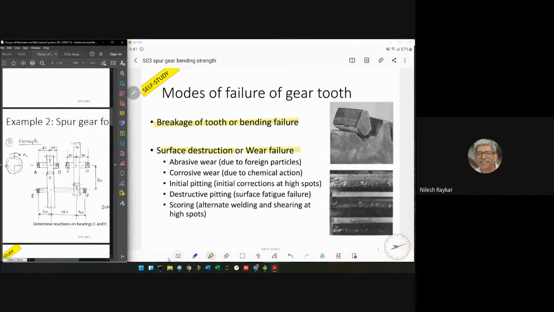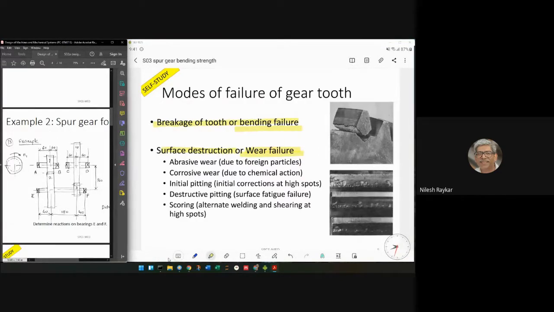In the subsequent discussion of this class, we'll be looking at how we design gears for each of these failure modes: how to design the gear so as to prevent bending failure, and second, to prevent the wear failure. These two things we'll be looking at subsequently.